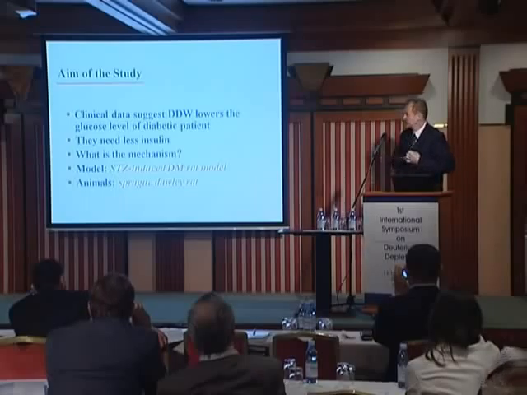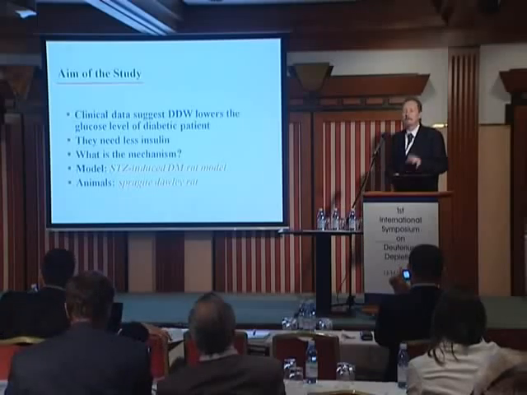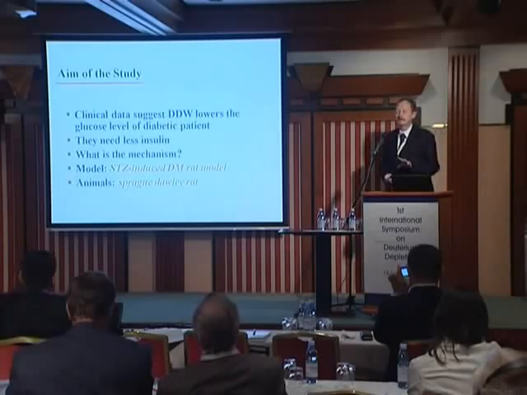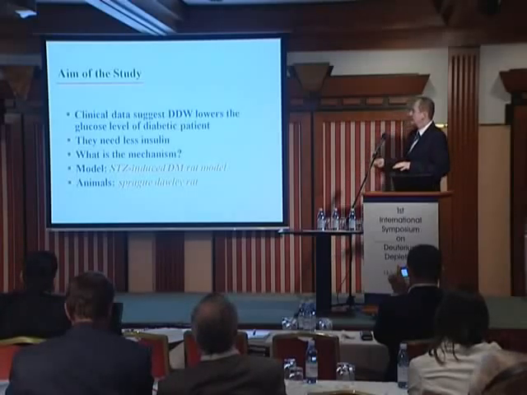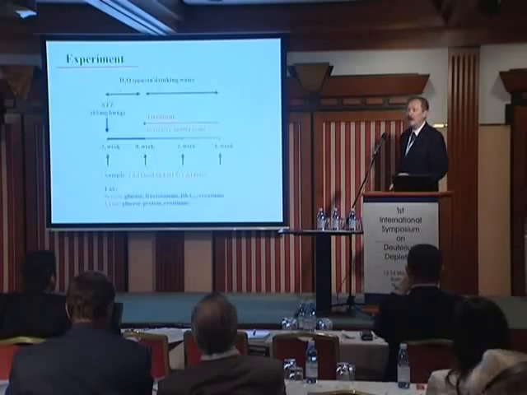We induced the diabetes in rats with an antibiotic that can somehow immunogenically destroy the pancreatic beta cells and causes diabetes. And we tested how the DDW affects the carbohydrate metabolism of these animals.